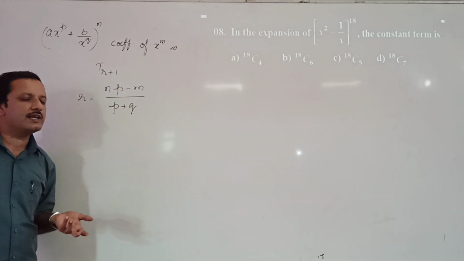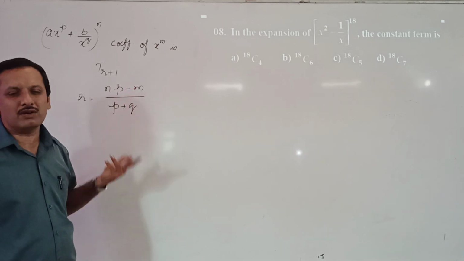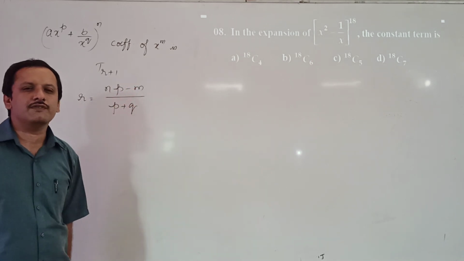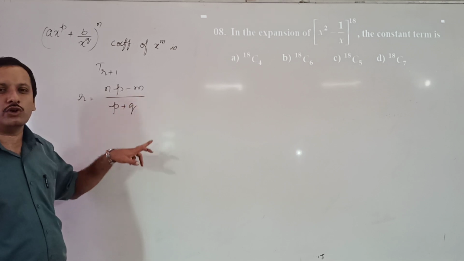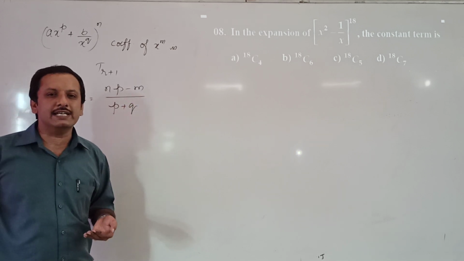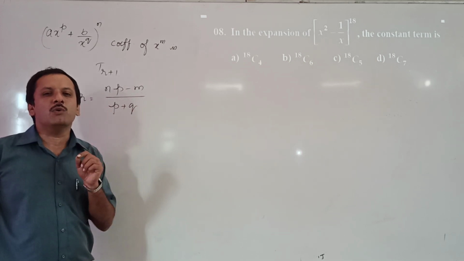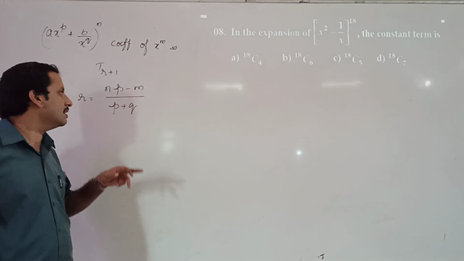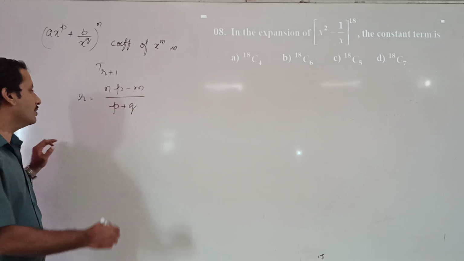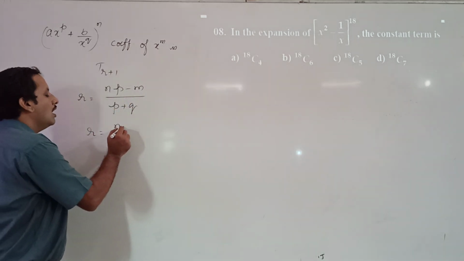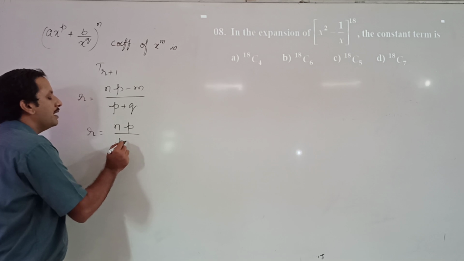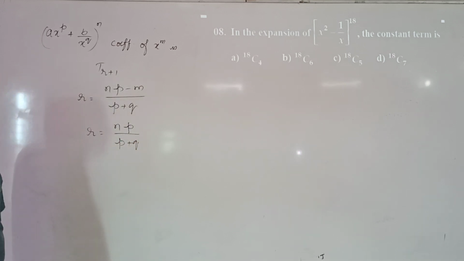If you want to find the coefficient of x cube, put m equal to 3. If you want the coefficient of x power 10, put m equal to 10. Now we want the constant term, the term independent of x, so put m equal to 0. Then the formula reduces to r is equal to np by (p plus q).